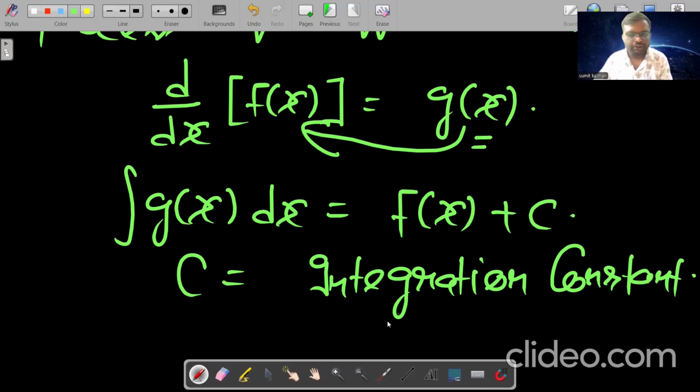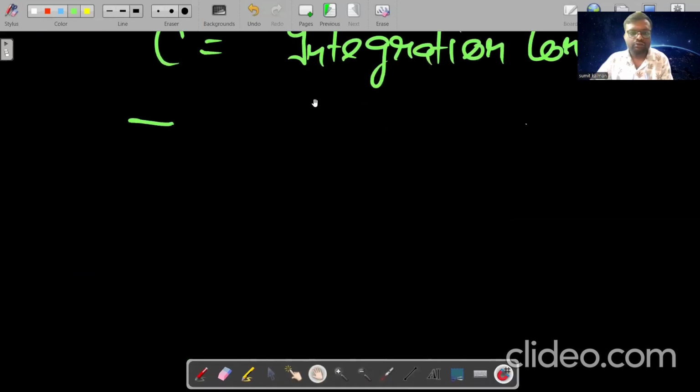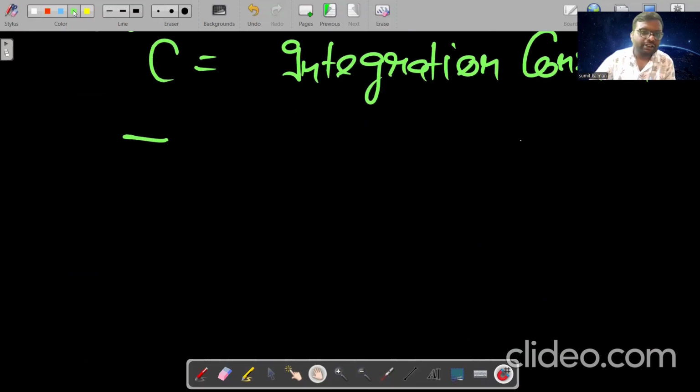Now students, this constant is put due to the reason that functions having the same differential coefficient may differ in constants.